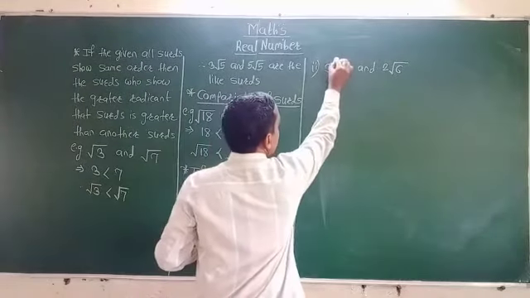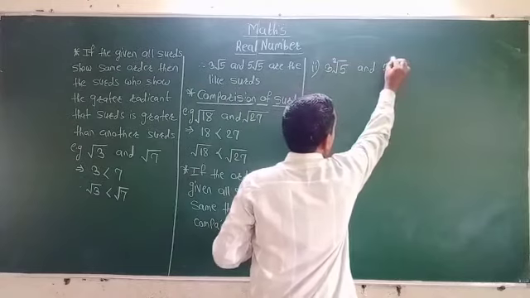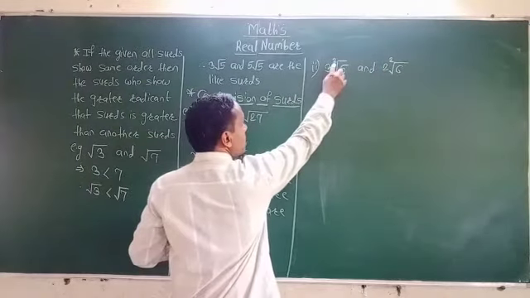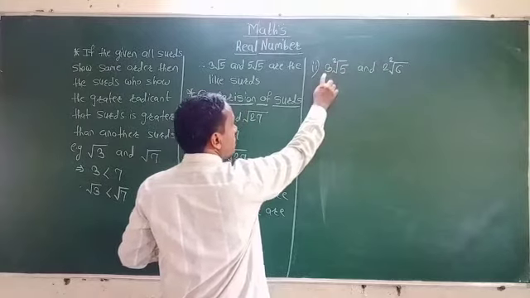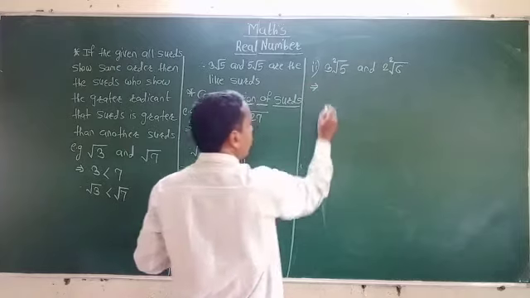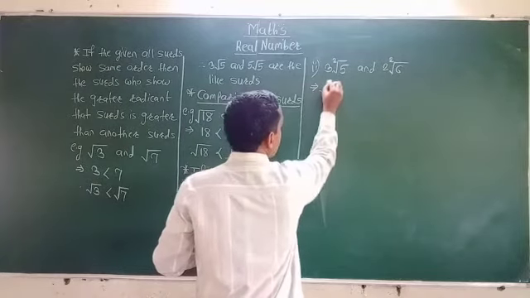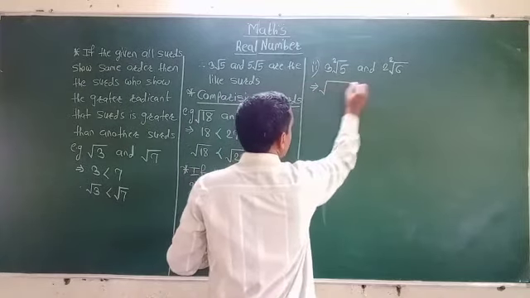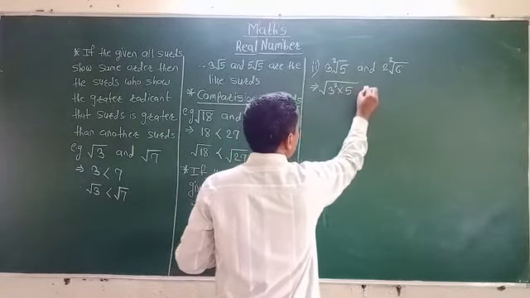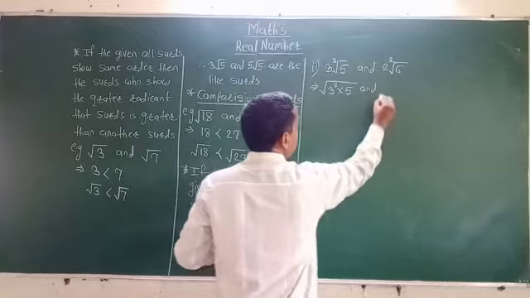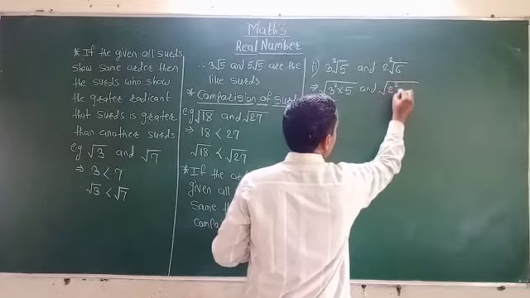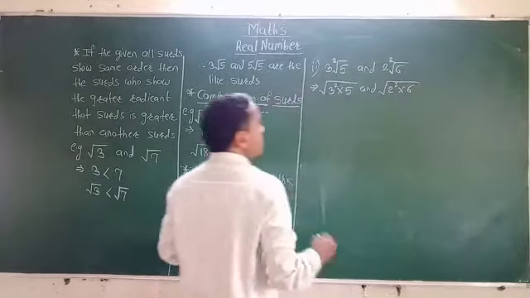The order is 2, which means we take the square of 3 and put it under the surd, as a product with 5. So 3 squared into 5, and in the other surd, 2 squared into 6.